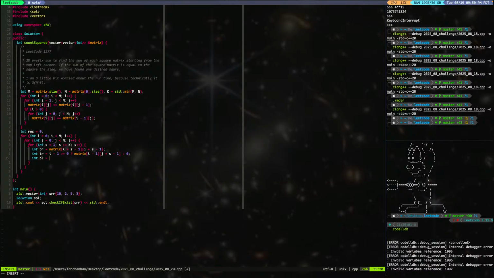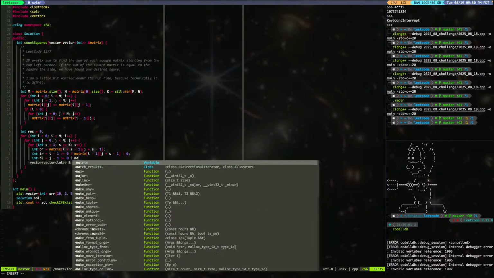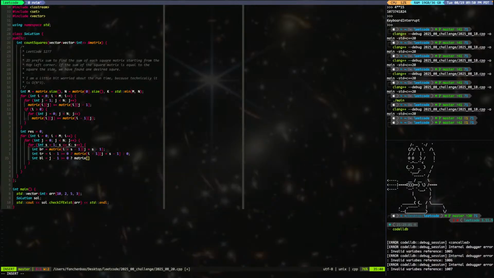So bottom left is equal to matrix[i + s - 1][j - 1] if j minus 1 is larger or equal to 0, otherwise it's going to be 0.